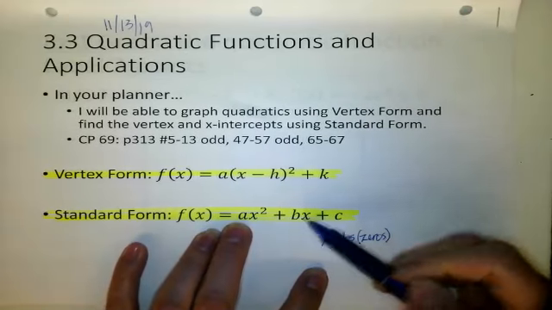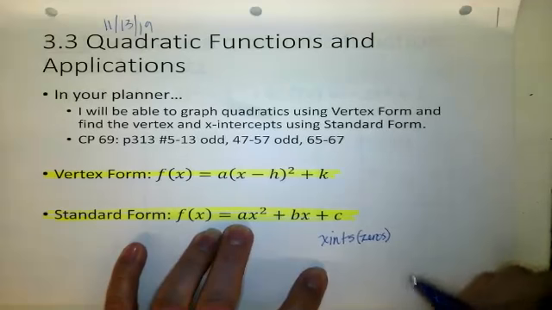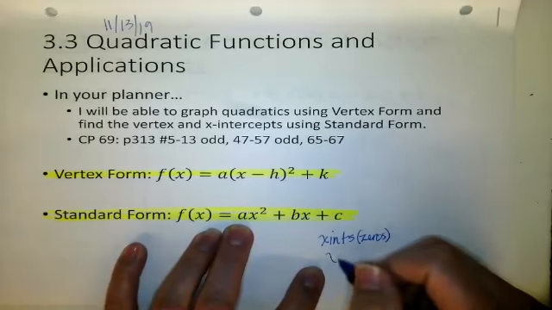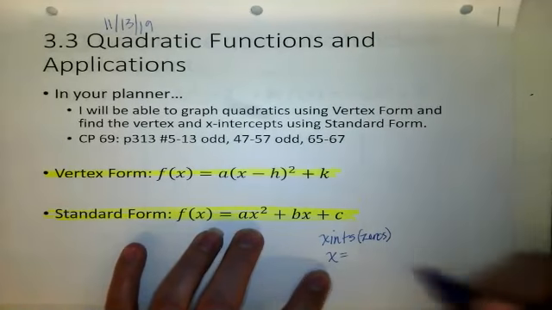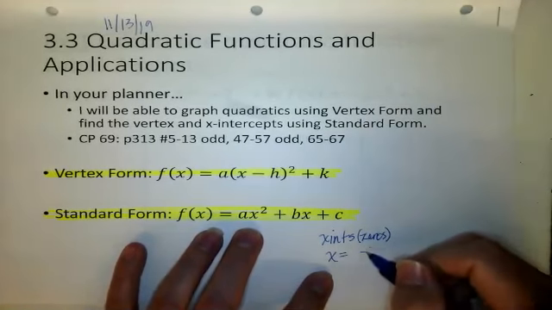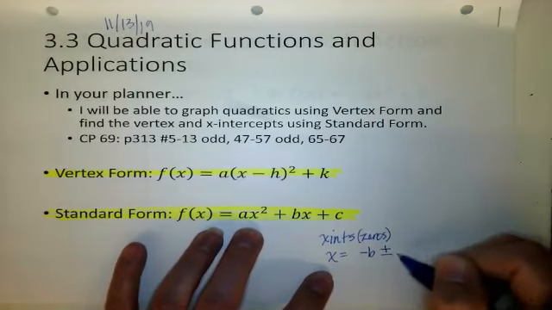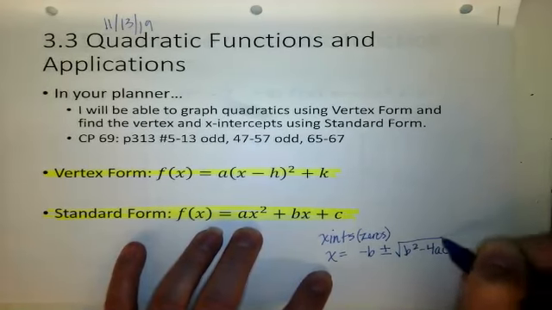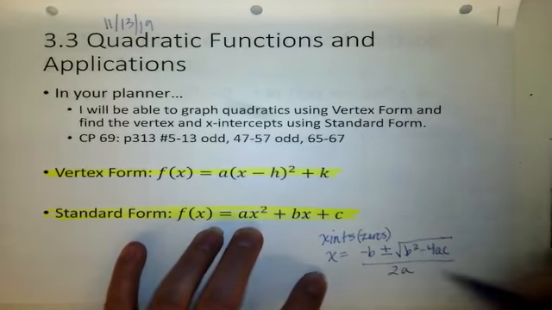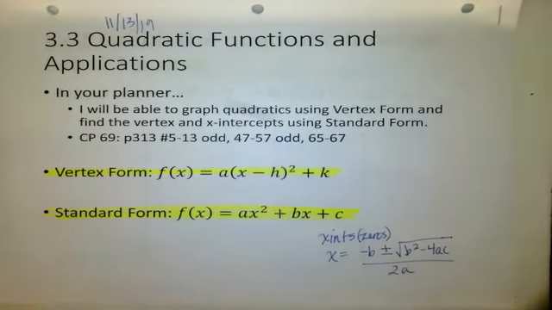When it's in this ABC form, you have a special formula, the quadratic formula, that you can use to help you find those x-intercepts. What is the quadratic formula? X equals opposite of b plus or minus the square root of b squared minus 4ac all over 2a.